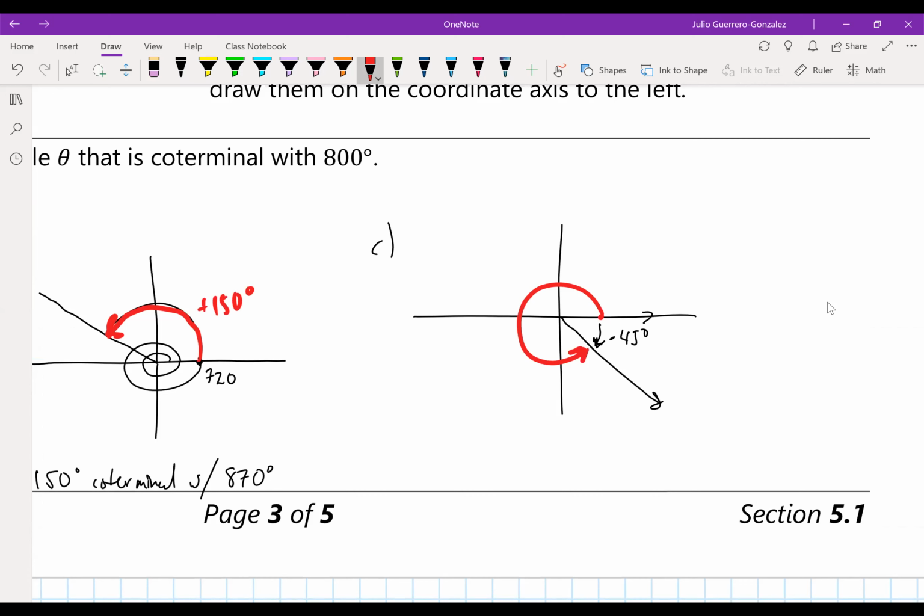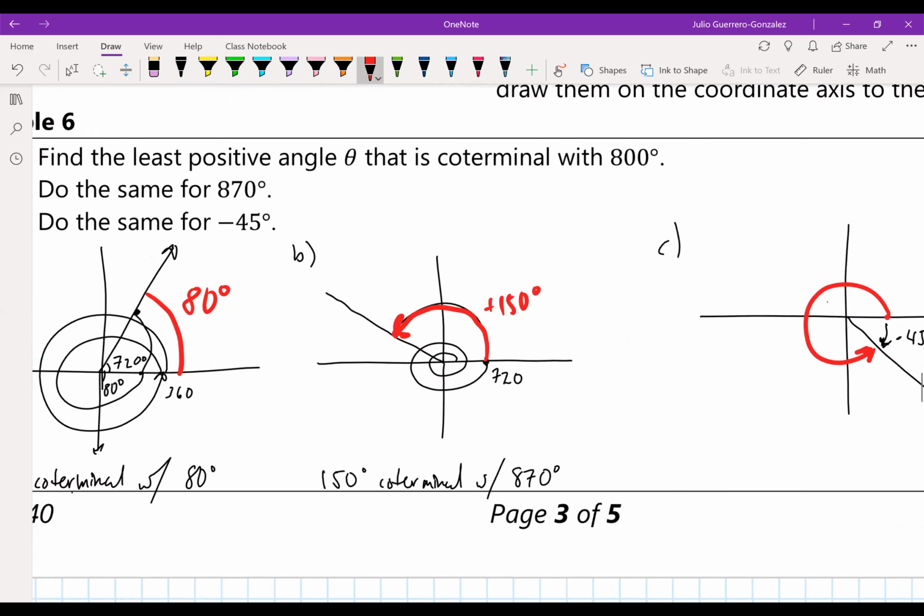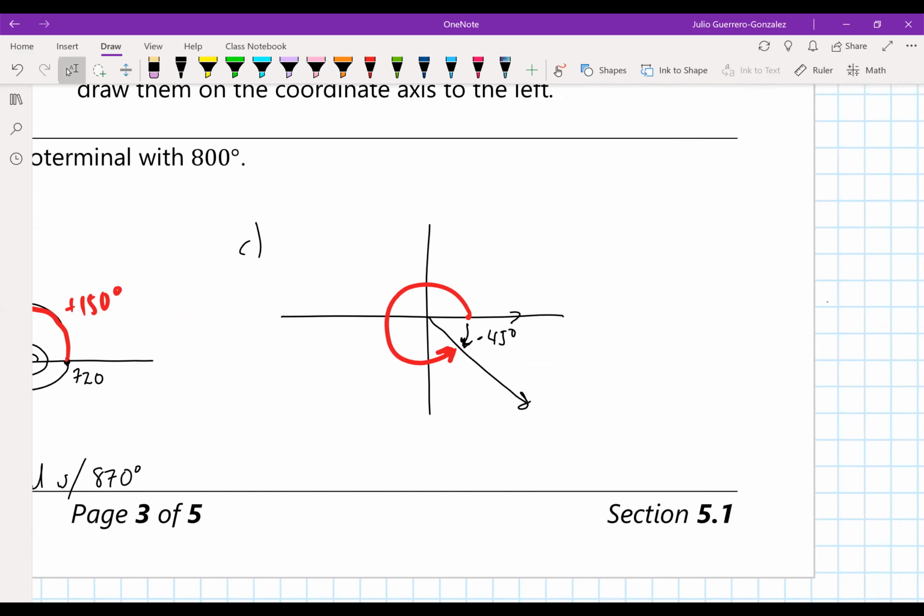For a coterminal angle for negative 45 degrees, we need the first positive angle that is coterminal. So what is this angle going to be right here? We did 360 minus 45. Exactly, that would be 315. 315 degrees. We're done.